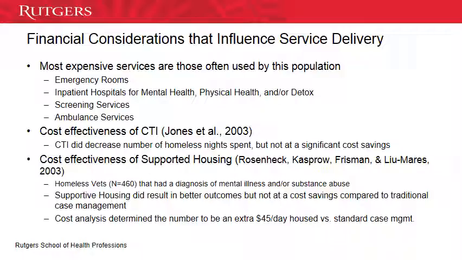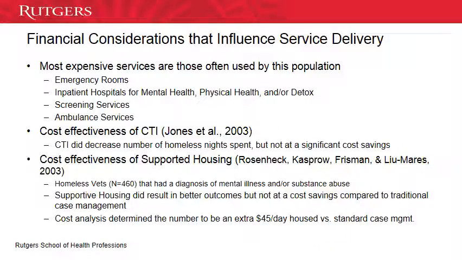Okay, I'm going to talk about some financial considerations that influence service delivery. Certainly, we know that some of the most expensive services that are available in the community are often used by homeless individuals experiencing co-occurring disorders.